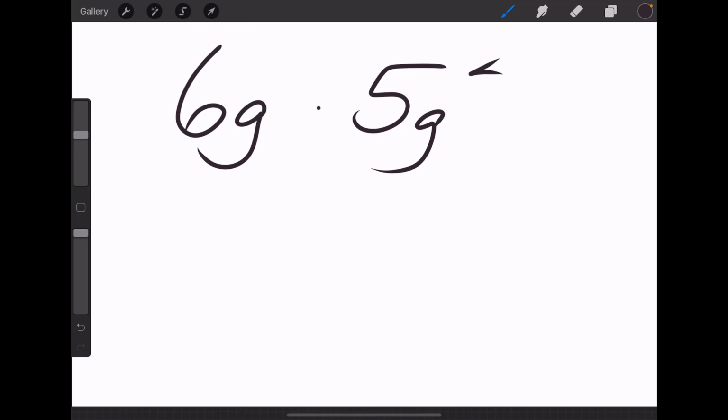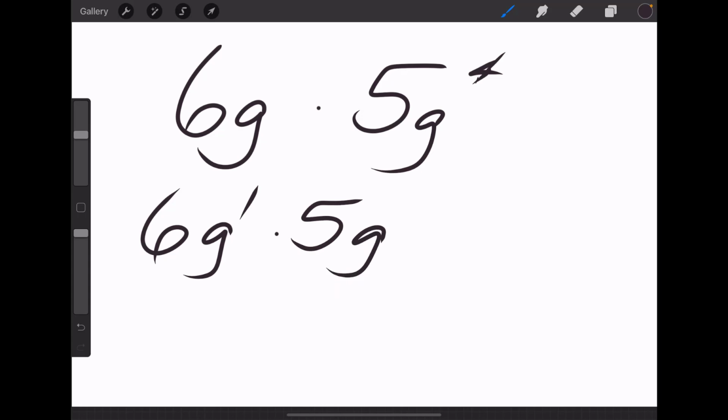And this is number 23 on your worksheet, 6g times 5g to the fourth power. Very first thing I'm going to do is mark my g with an exponent of 1, only because it makes it a little bit easier for me to see how to apply my products rule.